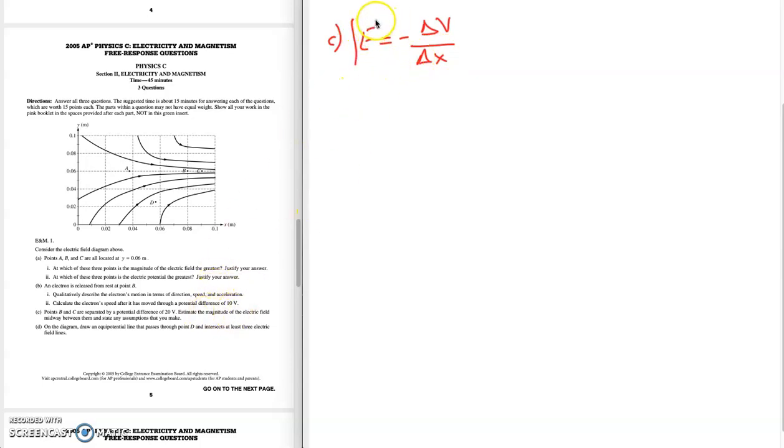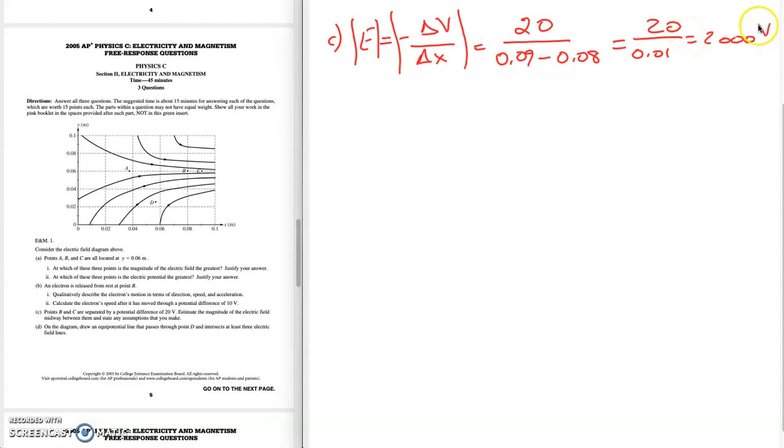So if we do magnitude here, then we just take the positive of whatever those are. From B to C is 20 volts, and we go from 0.08 to 0.09. So that's going to be 20 divided by 0.01, also known as 2000, and we can measure that in volts per meter because that's volts on the top and meters on the bottom.